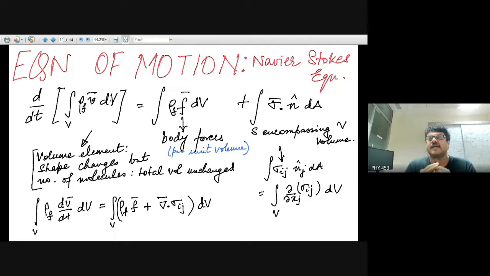so this in turn can be written as del x of sigma ij, using the Gauss's theorem again. Now note, del xj sigma ij essentially means that there is a space dependence of sigma ij.